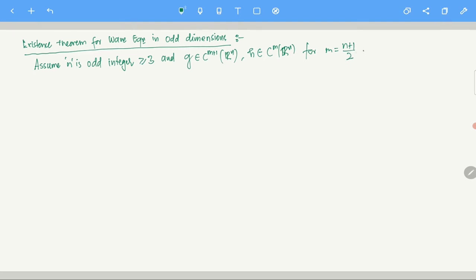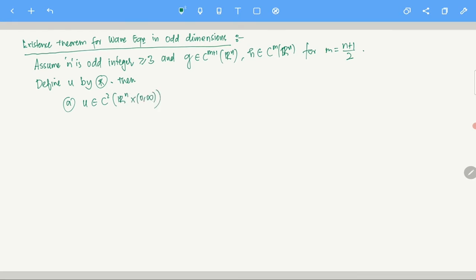Clear? Now define u by star. Then the following is true. Number 1, the small u which you are going to get is in C2 of R^n cross (0, infinity).